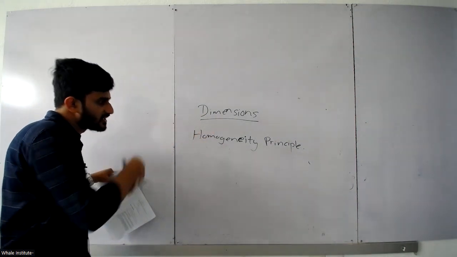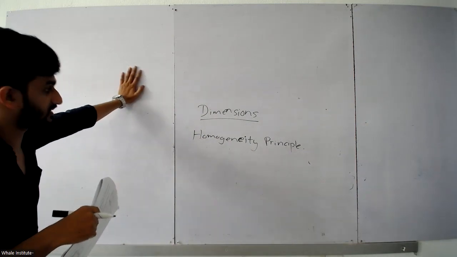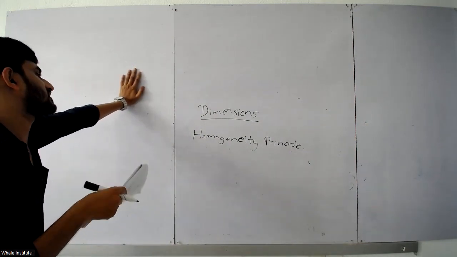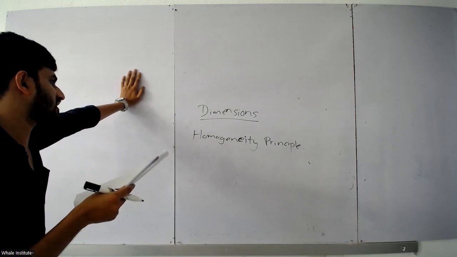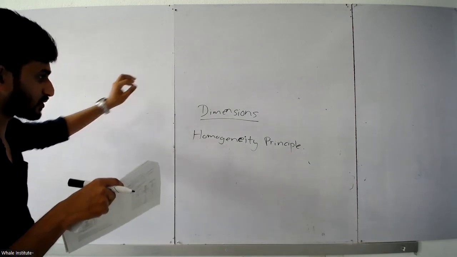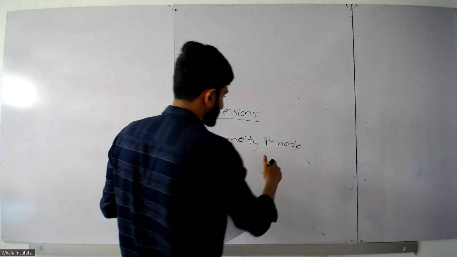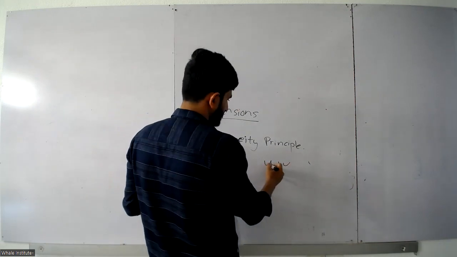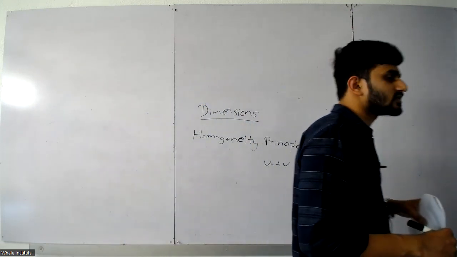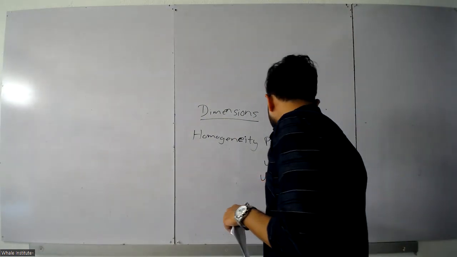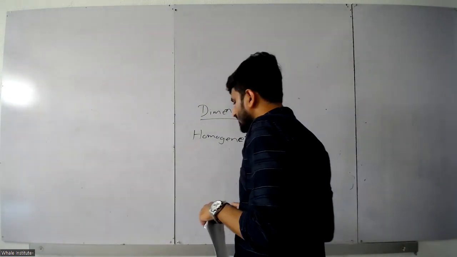We can add the two terms u plus v, where u is the initial velocity and v is the final velocity, but we can't add a velocity to some acceleration.